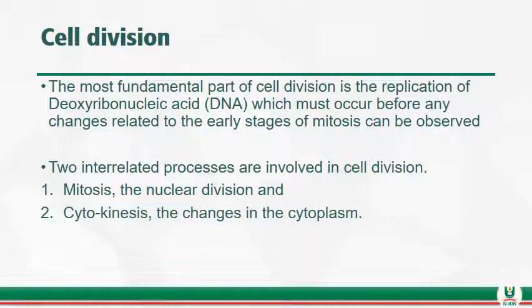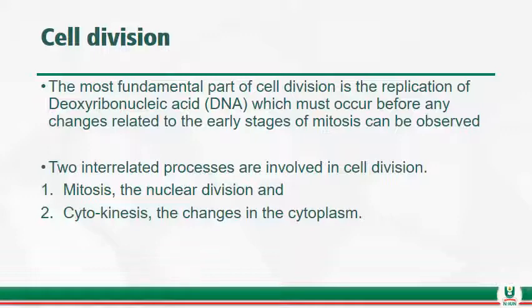Still talking cell division, the most fundamental part of cell division is the replication of the DNA. That is what you find in the nucleus. The DNA, the deoxyribonucleic acid, must be replicated before any changes in the early stage of mitosis. These processes are complex, but they can be explained.